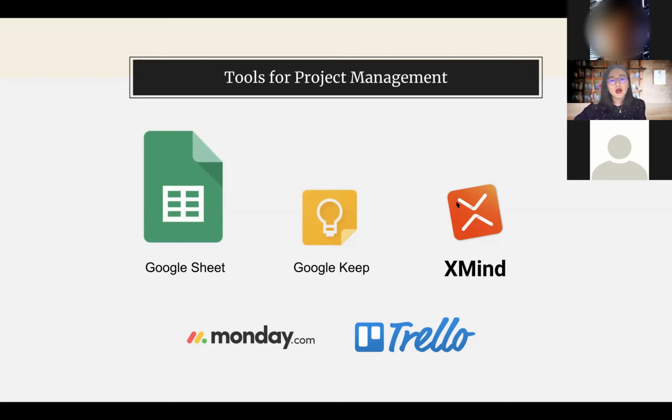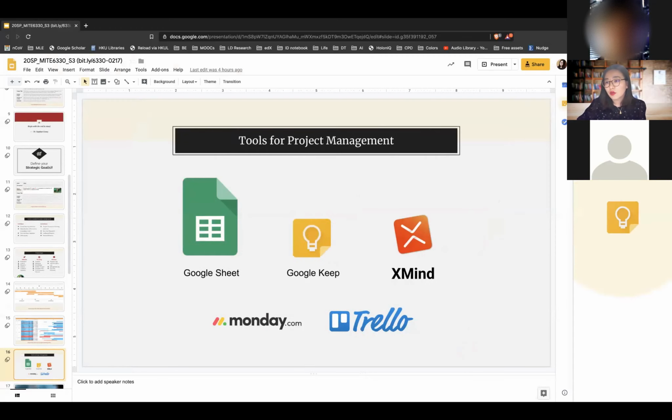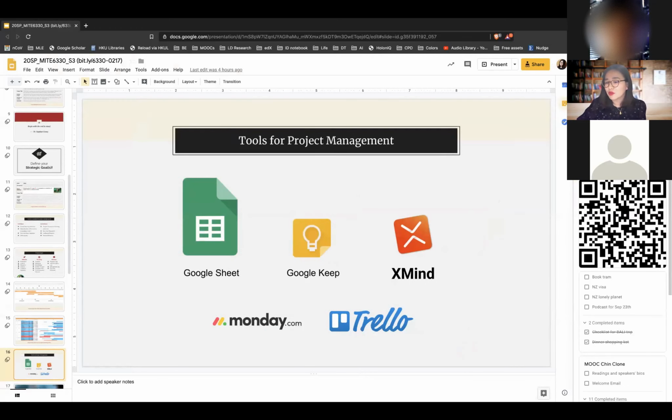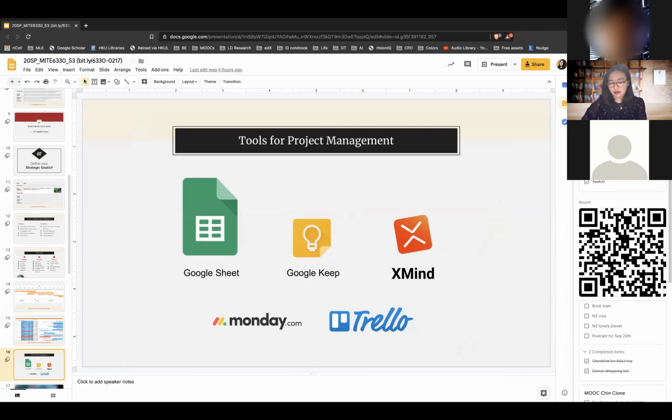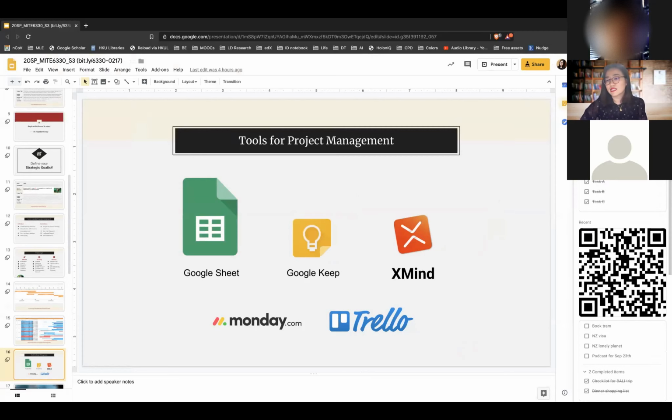I'm not sure how many of you are familiar with Google Keep. It's actually a very handy tool that Google offers. If I can show you right now, here you can see this little button. If you click it open, you can see I already have several lists here. You can simply take notes, saying this is my to-do, I've got task A or task B. You can share this with your teammates as well, and by sharing, you have to open it in a new window.